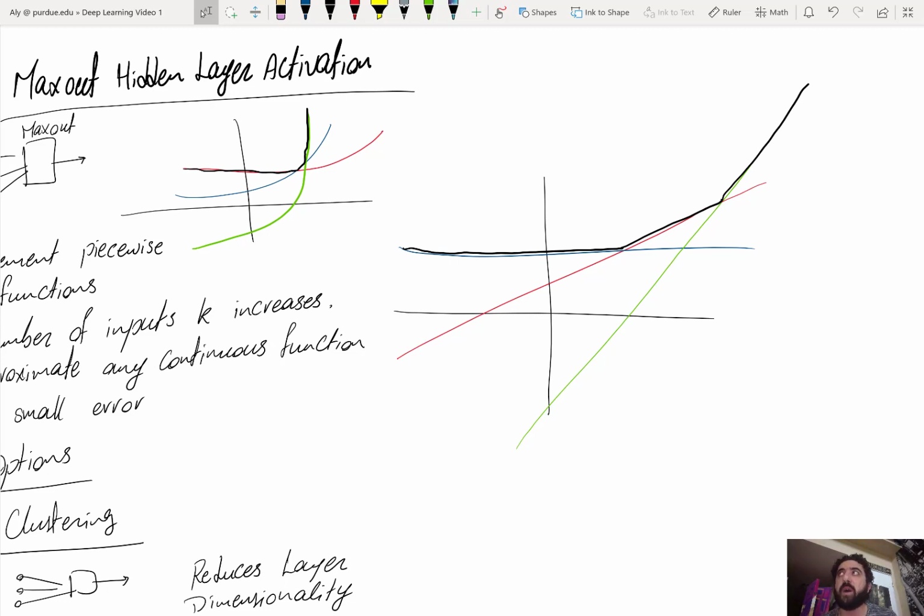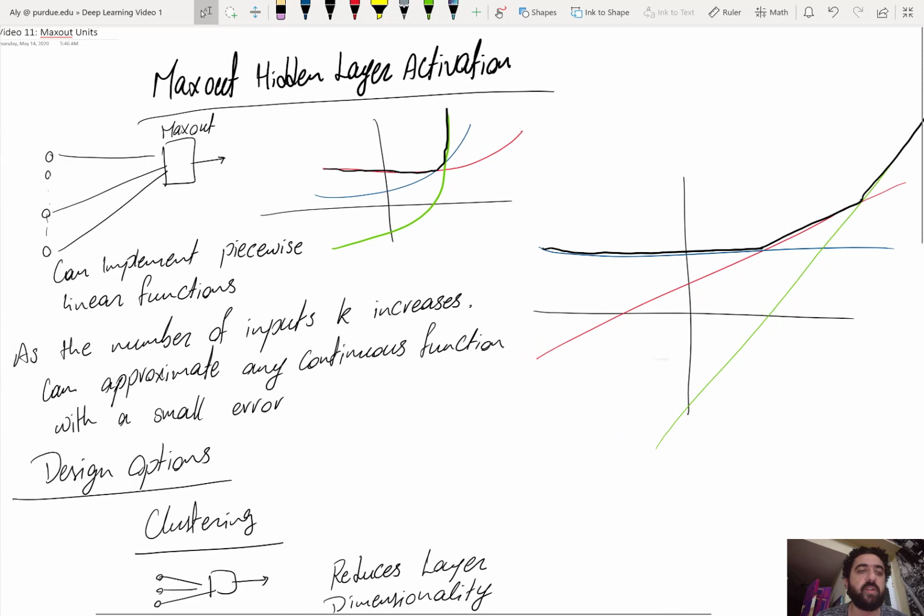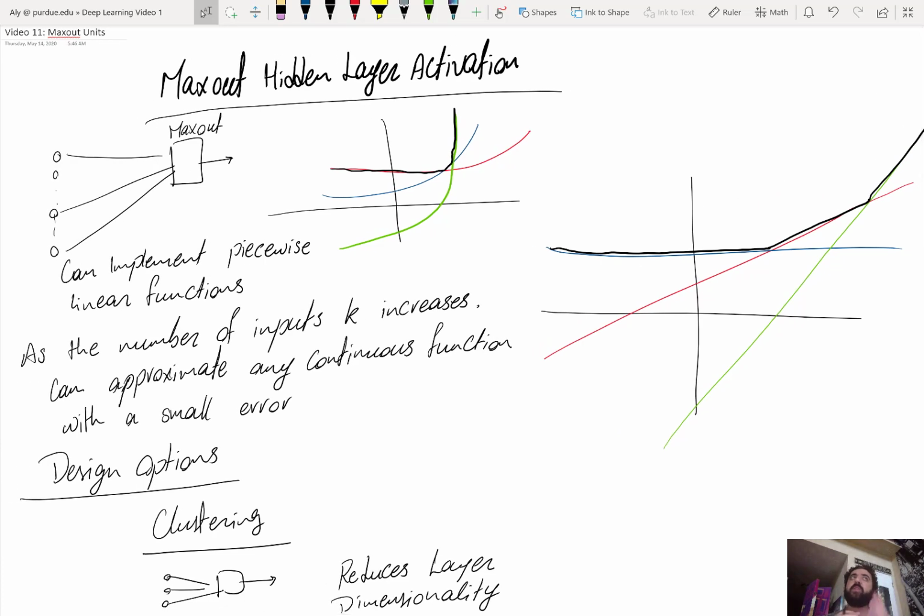So this is a very powerful activation function, because I can have an arbitrarily large layer before it, and through the Maxout I can approximate any continuous function. That's very complex learning, right? But of course there is a cost, because when you increase the number of parameters, this is a very complex hypothesis space.